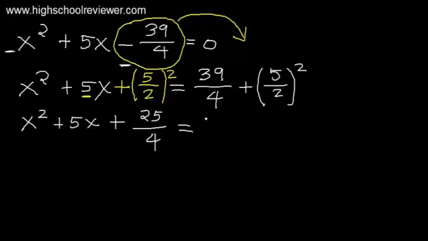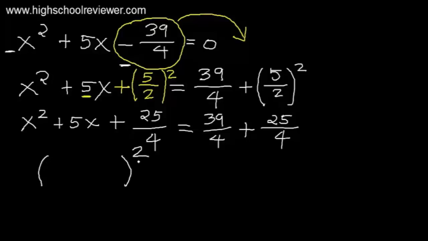And we have here 39 all over 4 plus 25 over 4. Okay, now x squared plus 5x plus 25 all over 4 is a perfect square. So we can factor this out and raise the factor to the power of 2.